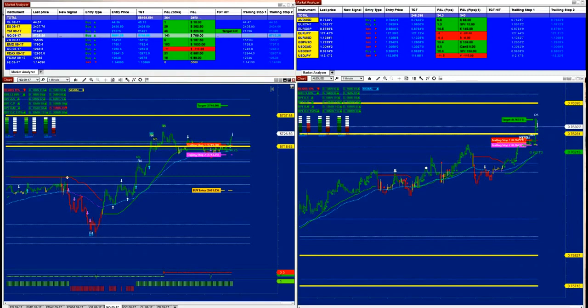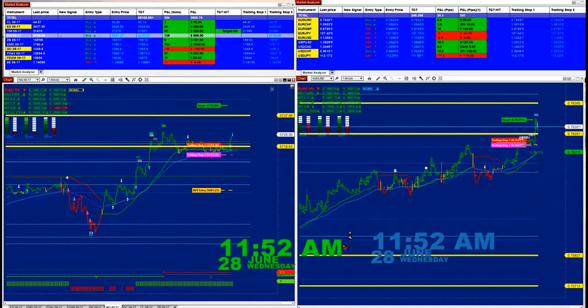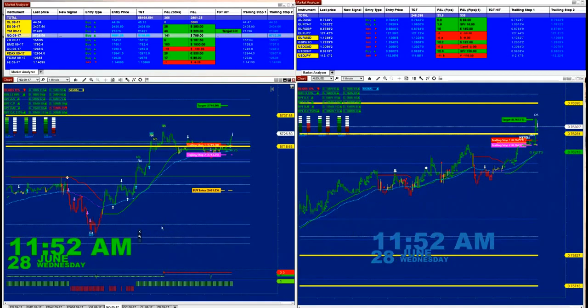For some reason, on the swing trading, the NASDAQ has outperformed the auto trade scalper by far. For some reason, it has a good performance. And now it's almost 11:52, a total of over 350 ticks.